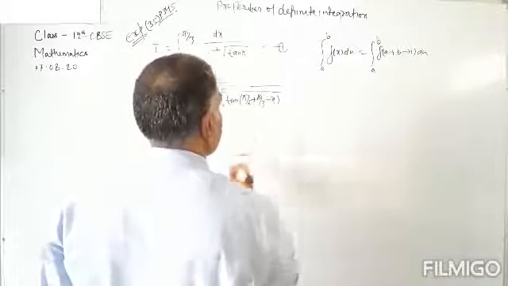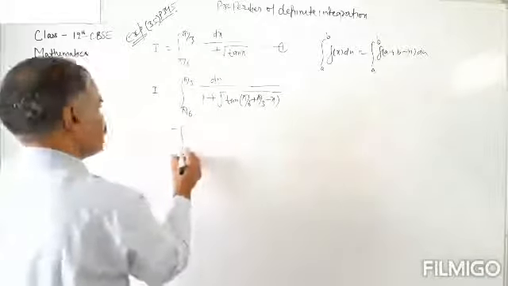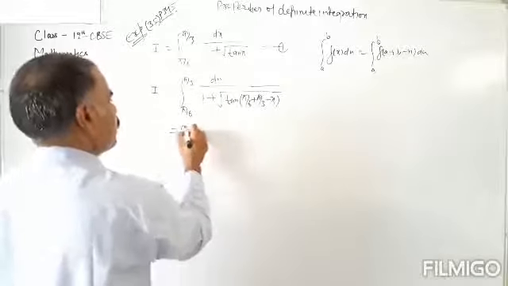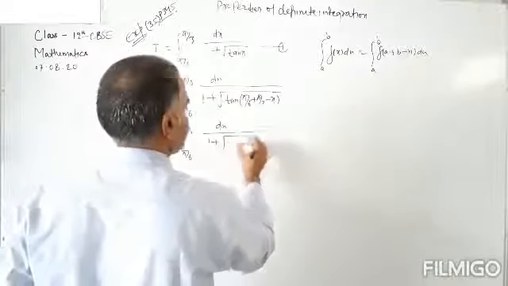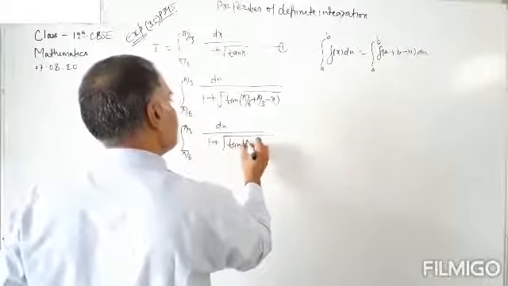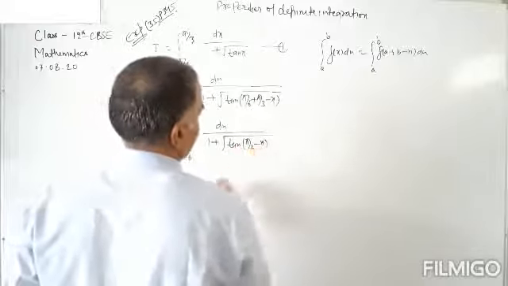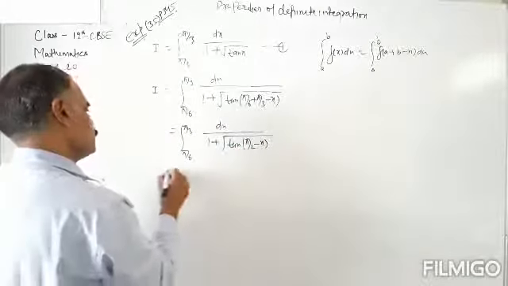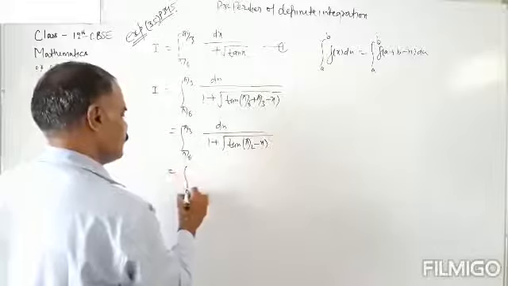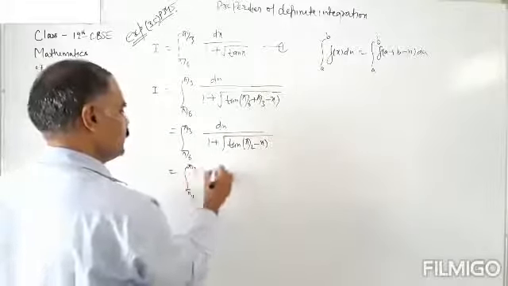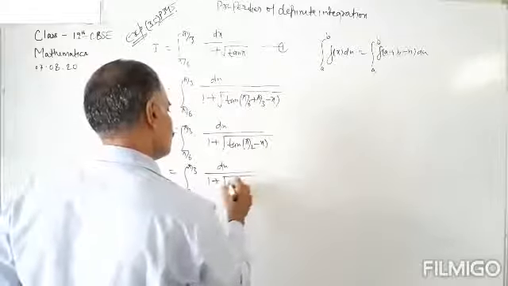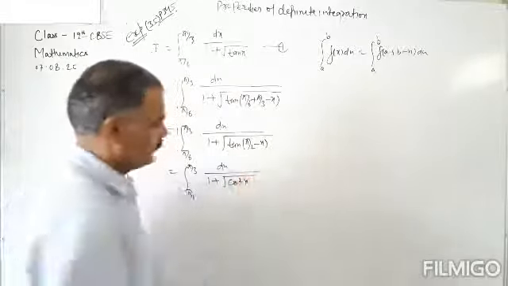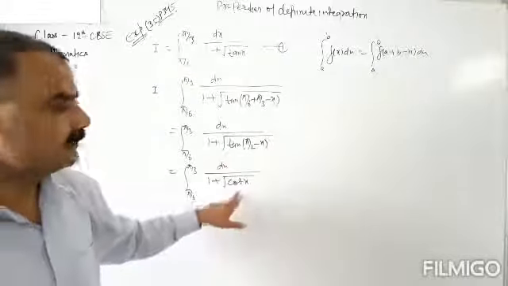Okay, this equals the integral from pi by 6 to pi by 3 of dx upon 1 plus under root tan of (pi by 2 minus x), and tan of (pi by 2 minus x) equals cot x. So this is dx upon 1 plus under root cot x.